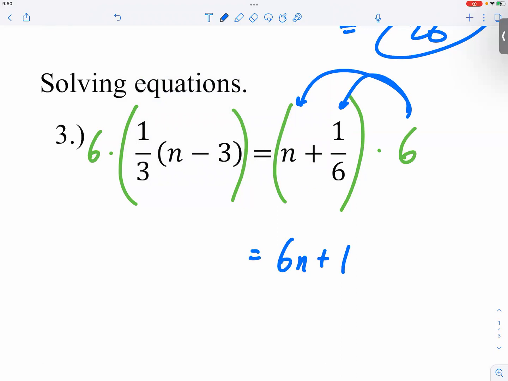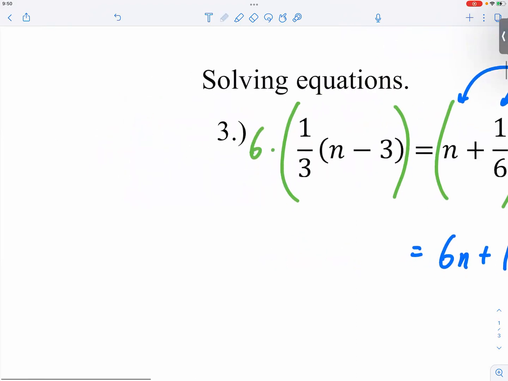Are we good on the right-hand side? Are we all good on the right-hand side? Good? Okay. Now, before you do the left-hand side, let me just slide in a very simple question. And I want you to answer this question, all right? It's very simple.